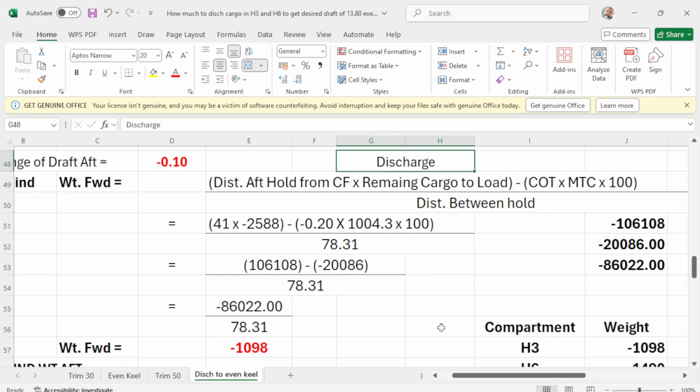Cargo to be discharged minus your change of trim times MTC times 100 over distance between holds.